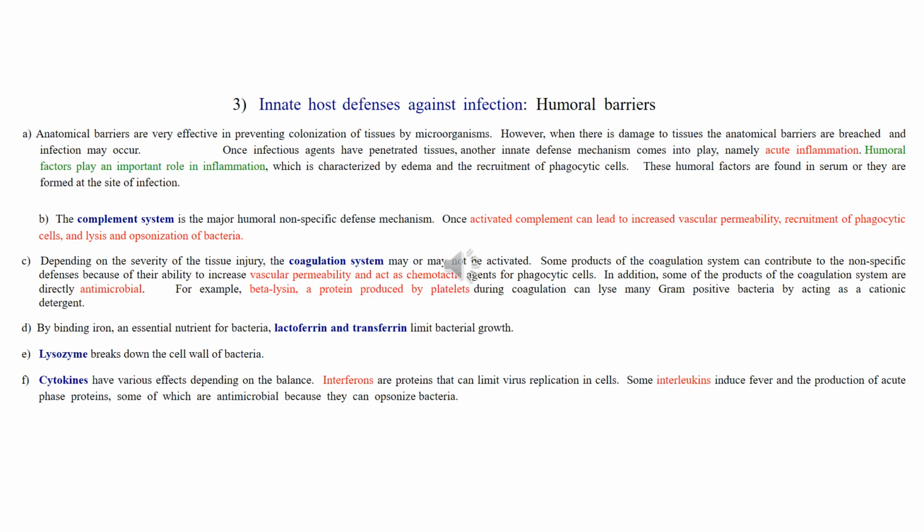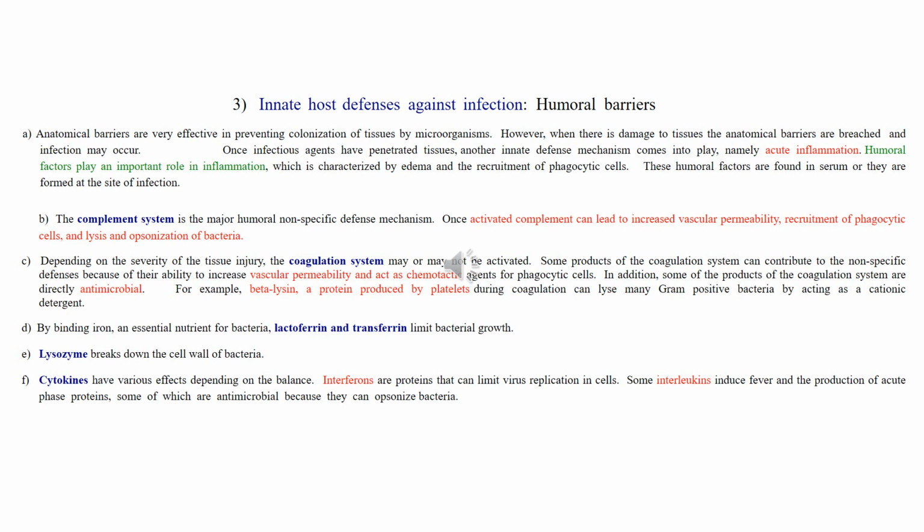Depending on the severity of the tissue injury, the coagulation system may or may not be activated. Some products of the coagulation system can contribute to the non-specific defense because of their ability to increase vascular permeability and act as a chemotactic agent for phagocytic cells.